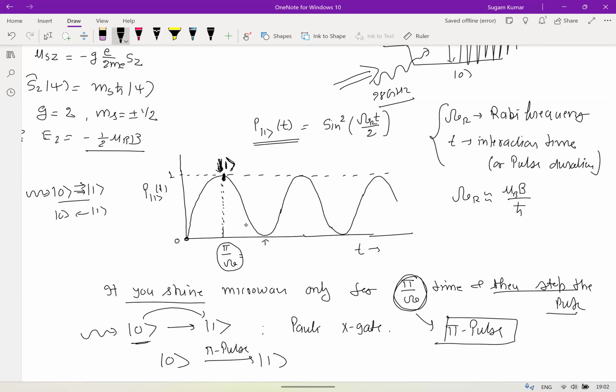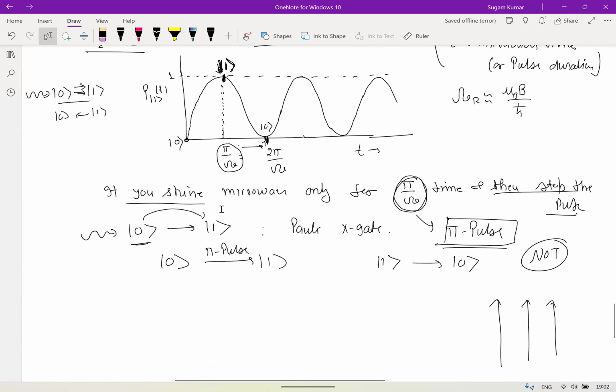Let us say if you shine up till 2 pi by omega, then this 1 again becomes 0. This is called a pi pulse. So if you shine a pi pulse on the 0 state, you will get a 1. Similarly, if I shine a pi pulse on the 1 state, for this much time only, then you will get a 0. So this is how the NOT gate works in quantum computing.